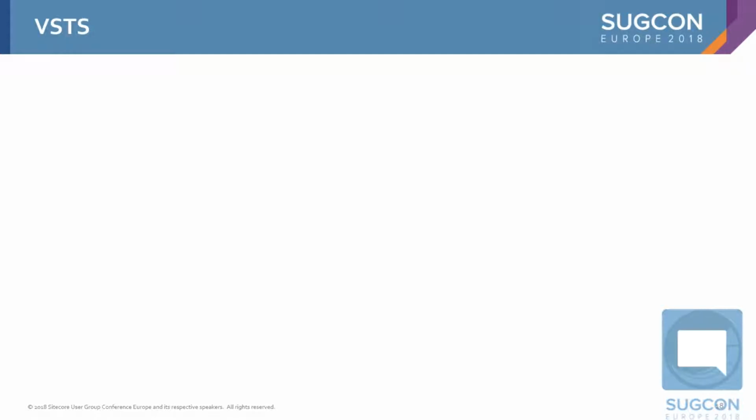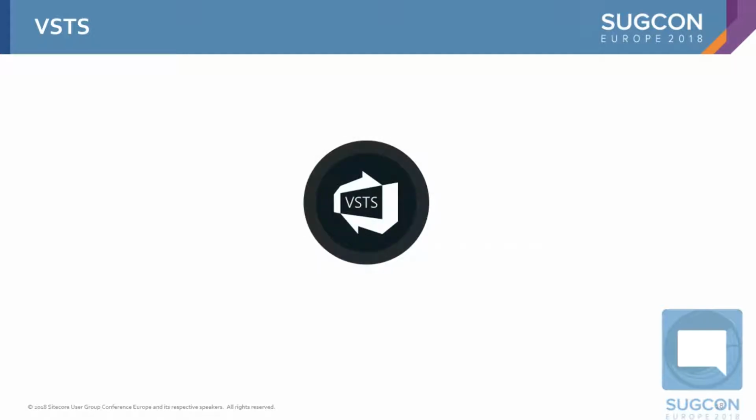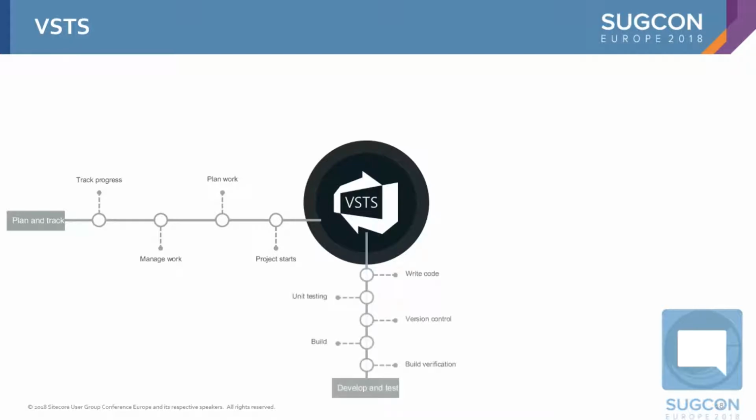So if you have a look at VSTS, there's actually 4 things that VSTS tries to do. Plan and track, which is the tracking of progress, managing of work, planning of work, and when your project starts. Then you have developing and testing.